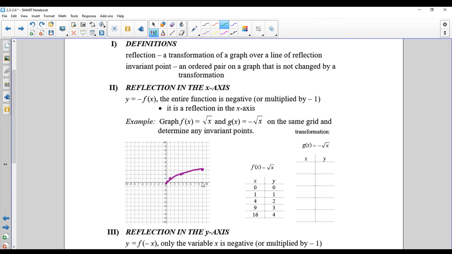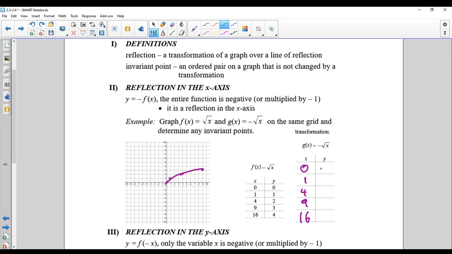What happens when I reflect on the x-axis is that every single y coordinate, here's the surprising part, reflecting on the x changes the y's. Every single y value changes sign. So my x values don't change. My x values are still 0, 1, 4, 9, and 16.